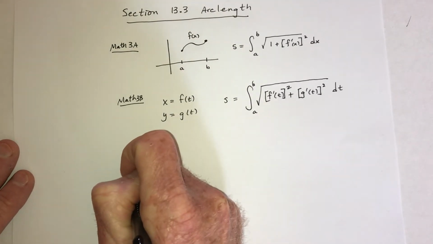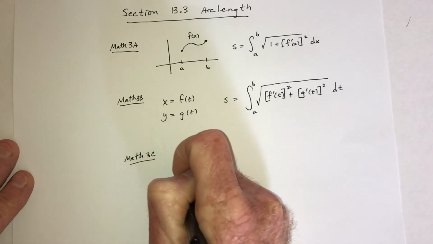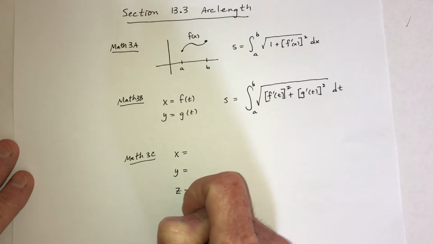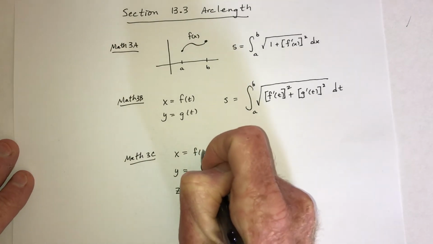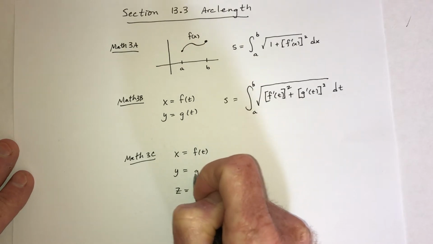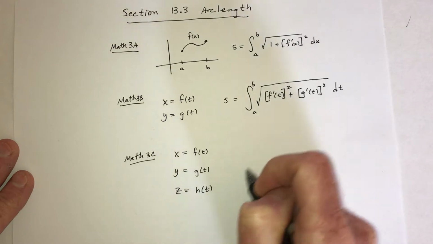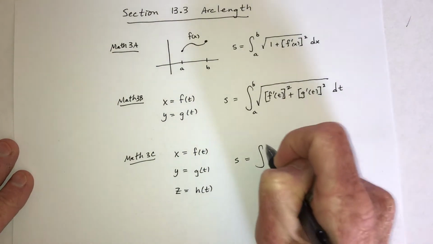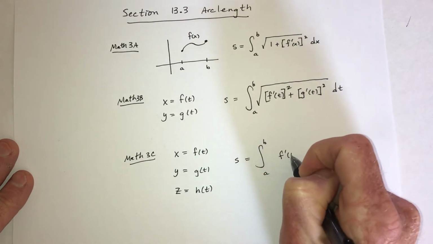So in Math 3C, the only difference is we now have three variables, x, y, and z. So if this is f of t, and this is g of t, and then let's say this is h of t. So for arc length, it's going to be integrate over whatever the interval is, let's say a to b, and then you take all three derivatives.